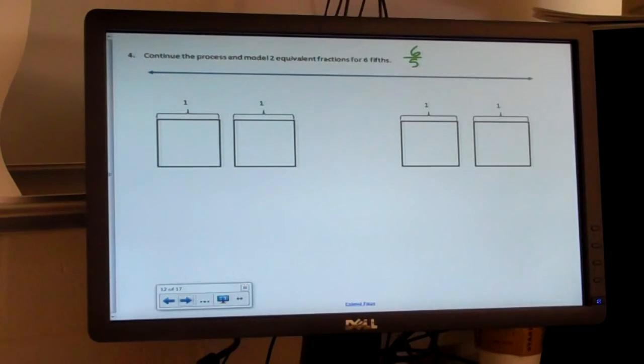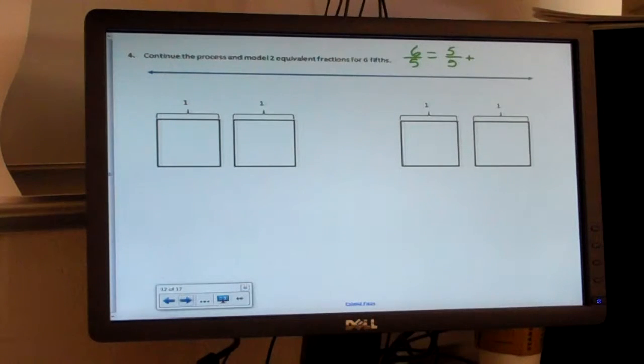Is 6/5 greater than or less than 1? Greater than 1. How many fifths is equivalent to 1 whole? 5/5. So this is equal to 1 and 1/5.